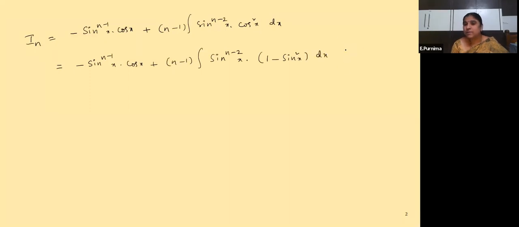Since sine square theta plus cos square theta is equal to 1, using this trigonometric identity, we are writing this as 1 minus sine square x.